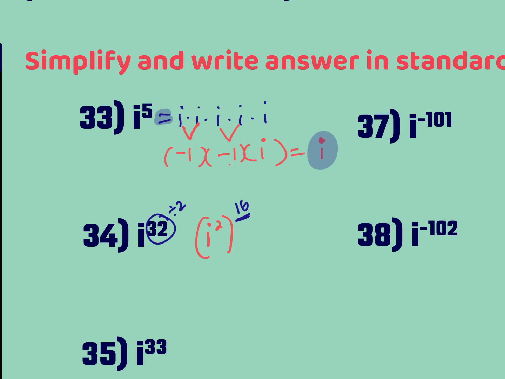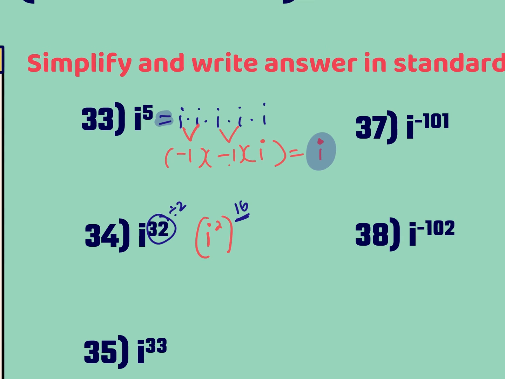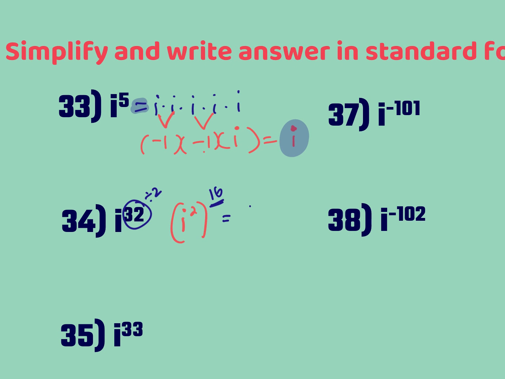If you think about this in reverse, if I was to raise a power to a power, I would multiply these two numbers out, and I'd get back to that 32. So I'm doing i squared to the 16th. Now i squared is a negative 1. And think about what happens when you raise a negative to an even power. That negative goes away. So negative 1 to the 16th is just a positive 1.